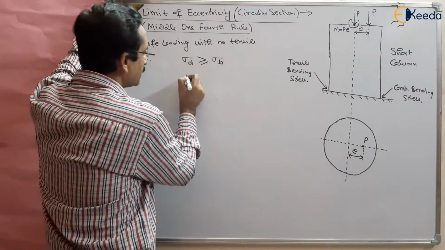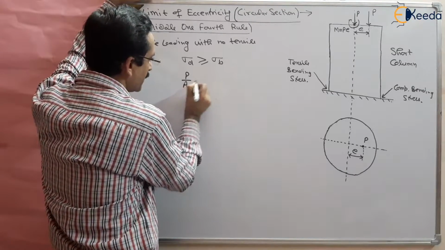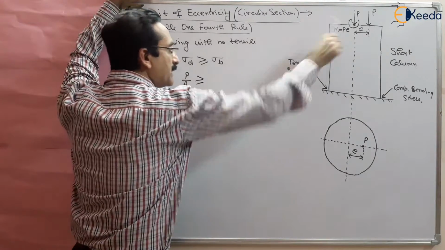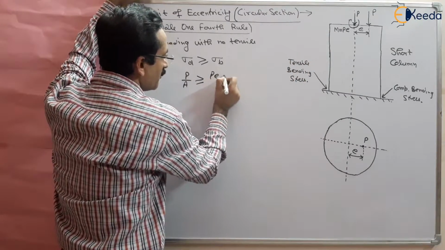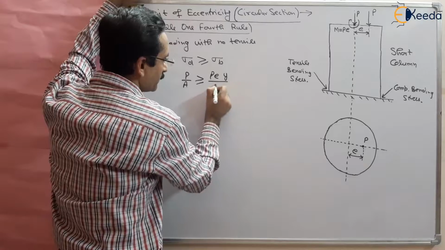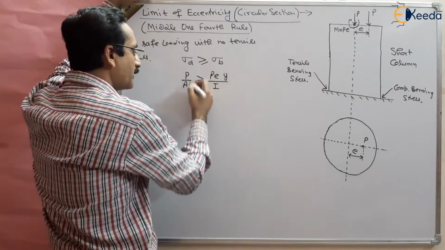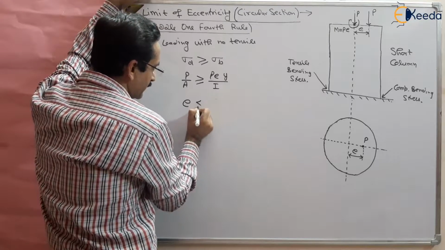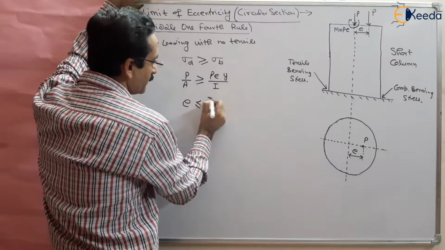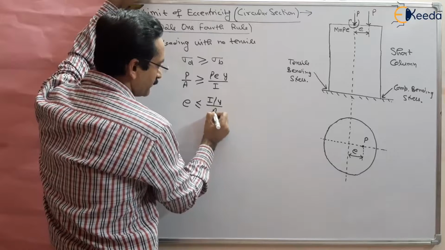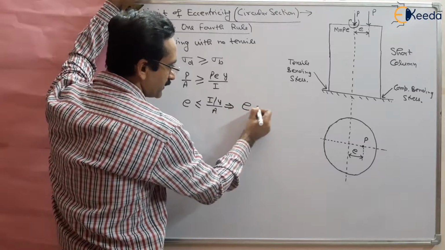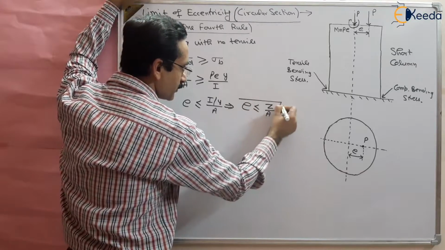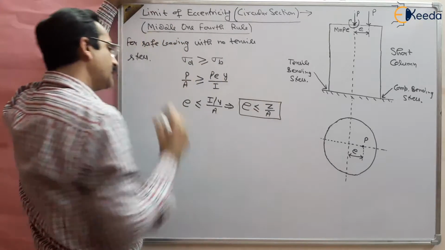And what is sigma D? That is load upon area. And what is sigma B? That is M, which is PE, times Y upon I. From here we can find E should be less than or equal to I by Y upon area, so that is less than or equal to Z upon area, section modulus upon area, right?